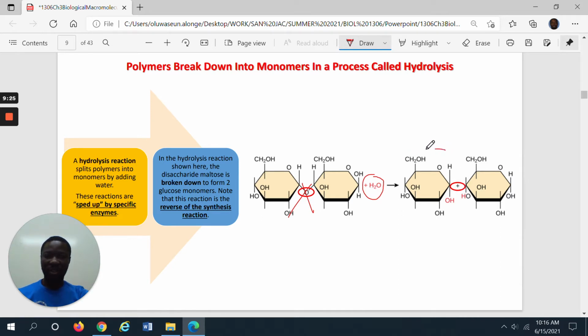You can see this is a monosaccharide, the glucose you had the other time, and this is another one here without any connection. So hydrolysis reaction splits polymers into monomers, right? By adding water. So again, when you want to break a bond, what do you do? You add a water molecule.